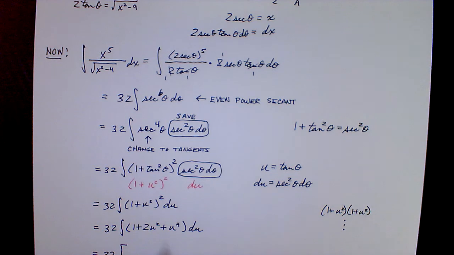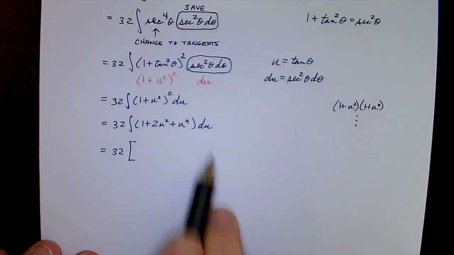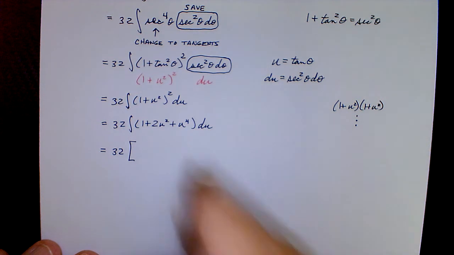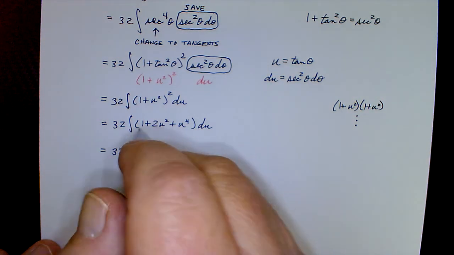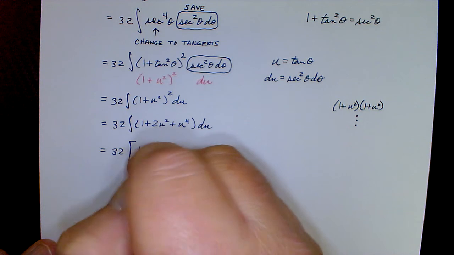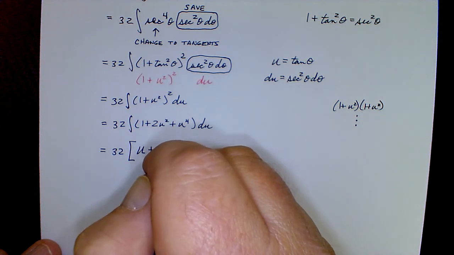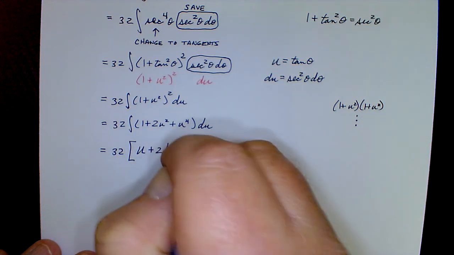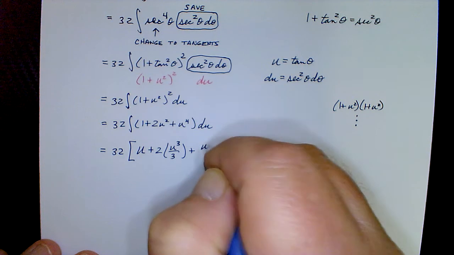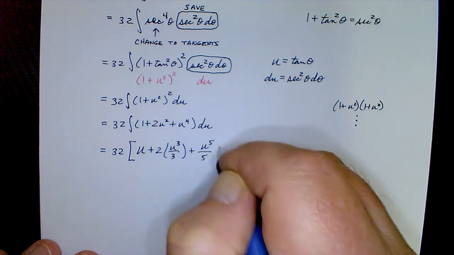Now we can integrate, because we have a sum or difference of terms that are of the form u to the n. Just be careful, if you had another u out in front or behind, you'd have to distribute that first, but here we can integrate. Be careful here also, integrating 1 with respect to u, we get u. Then we have plus 2 tags along, u squared integrates to be u cubed over 3, and u to the fourth integrates to be u to the fifth over 5.